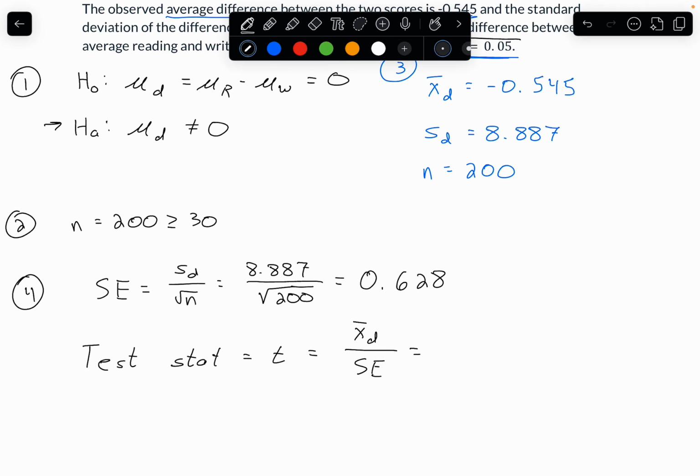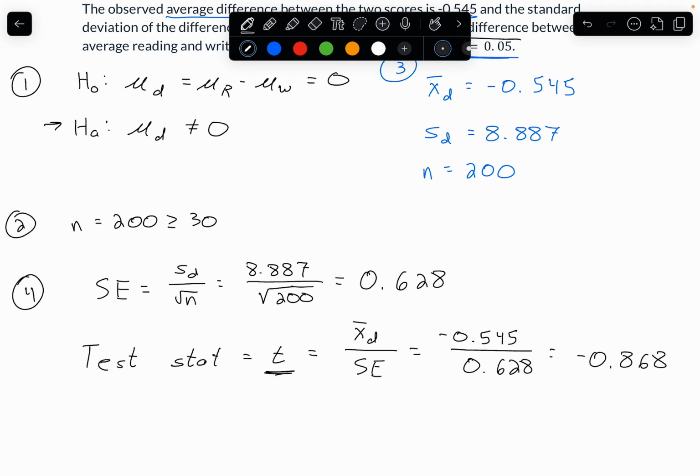So if I do that, x bar sub d is negative 0.545. Our problem gave that to us, divided by 0.628. So let me go ahead and divide that out. Negative 0.545 divided by 0.628. I ended up with negative 0.868 if I round to 3 decimal places.